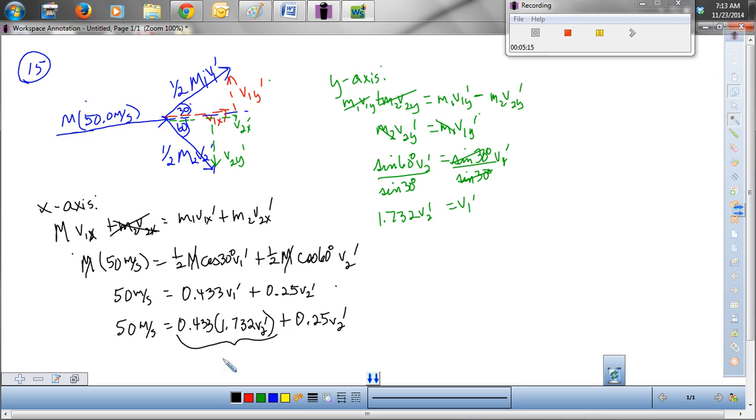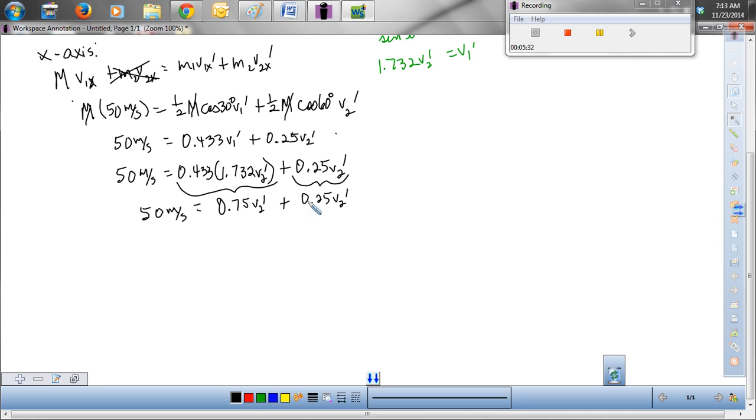This quantity is 0.75 B2 prime. This quantity is 0.25, and that's 50 meters per second. So if you look at that, when you add up those two, you get 1. So B2 prime is basically 50 meters per second.